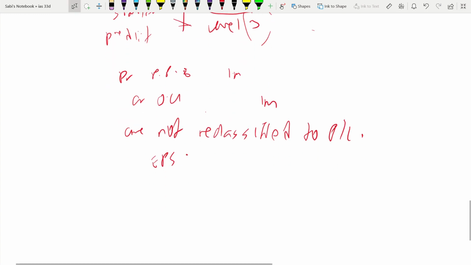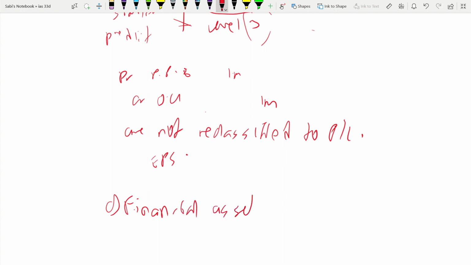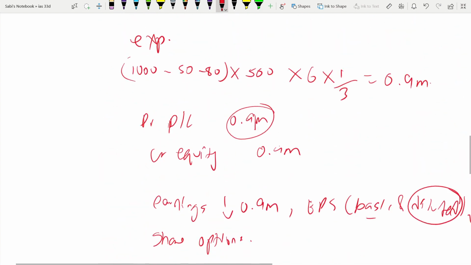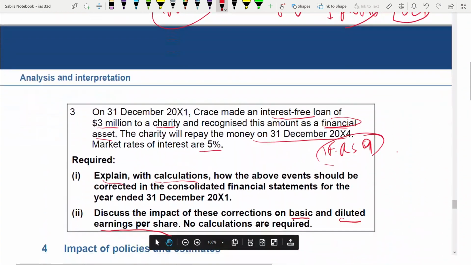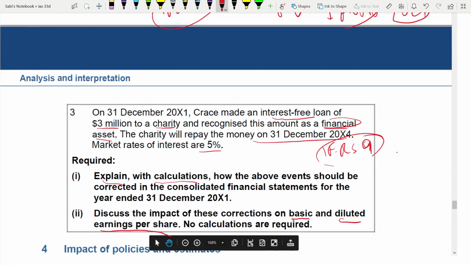Moving to the third, C, financial asset. You first need to understand whether it's a financial asset or not. They have given an interest-free loan to a charity. Understand the nature of this interest-free loan. What type is it? Is it financial or non-financial? First understand that it's a financial asset.